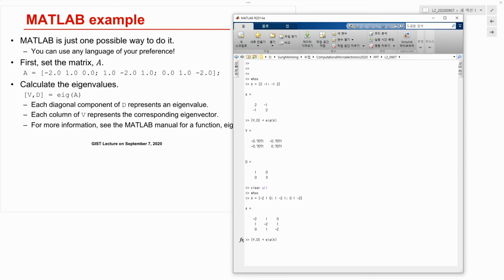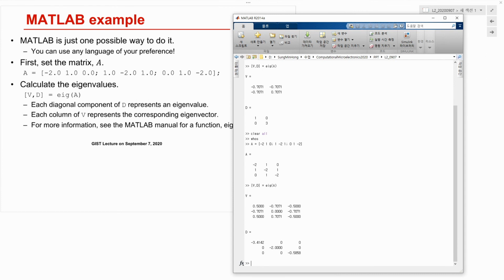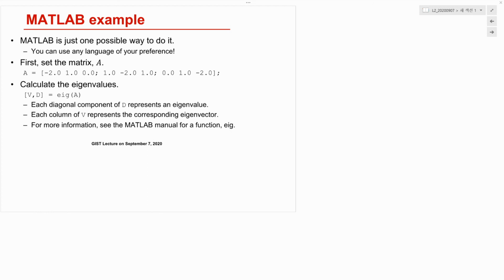When we press enter, we find eigenvalues like minus 3.4, minus 2 and minus 0.58, corresponding to 3 eigenvalues. Then what is the meaning of these numbers? Please remember that our lambda obtained from the matrix solution can be interpreted as delta x squared and k squared.